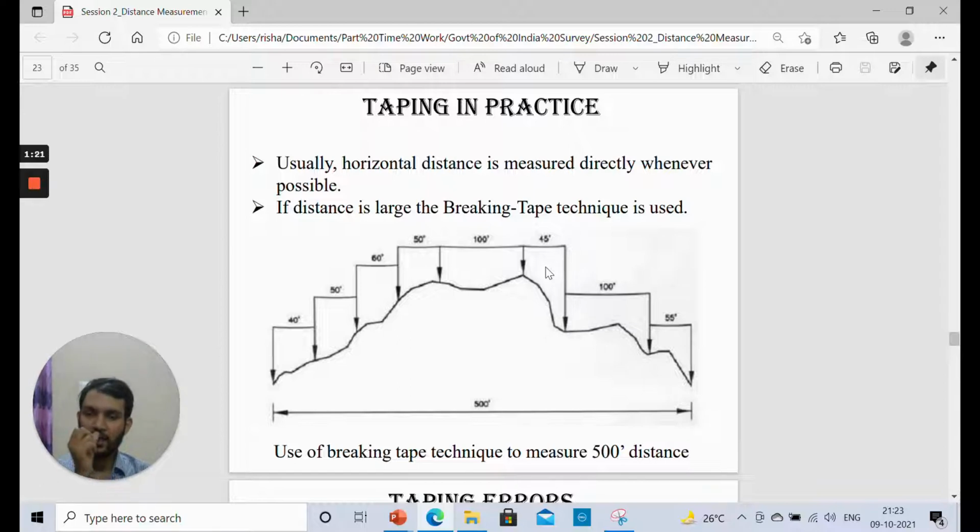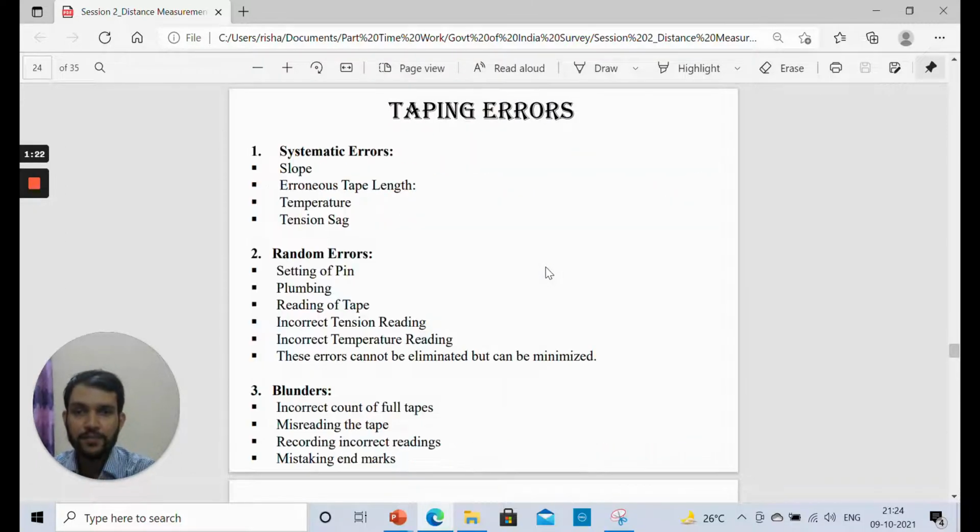So this is known as the break tape technique, where you break the taping procedure into different parts, based on whether the 2 points are clearly sightable or not. It is not necessary that you always have to unwind the full length of the tape. Suppose your tape is 100 meter and after 60 to 70 meter on hilly terrain it is difficult to sight the other point, so you can break it into different segments and do it accordingly. So this is how the break tape technique is generally followed.